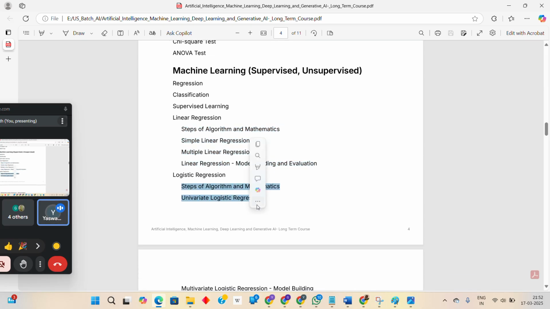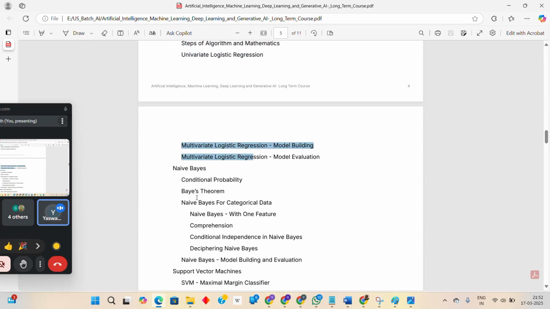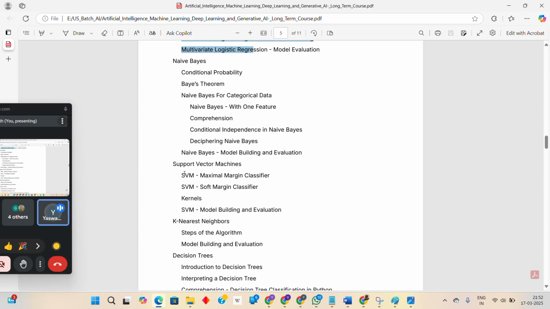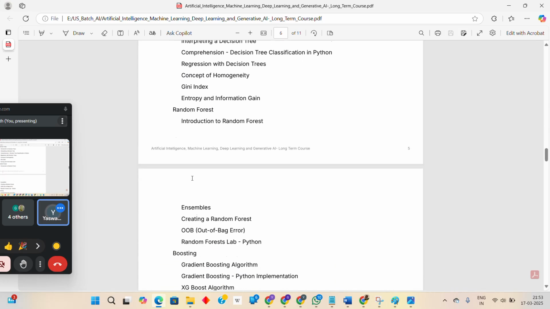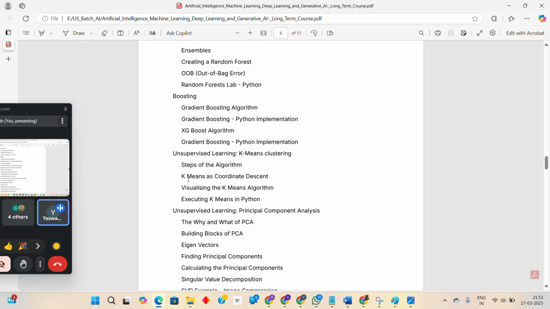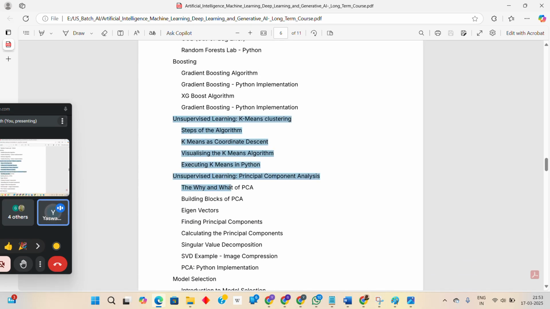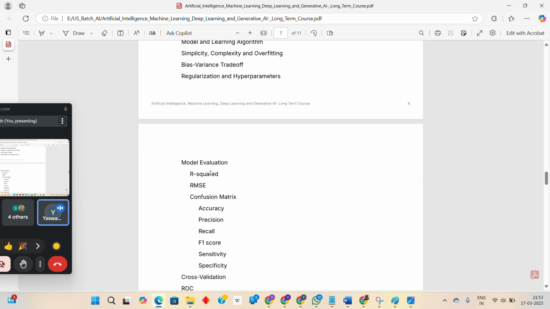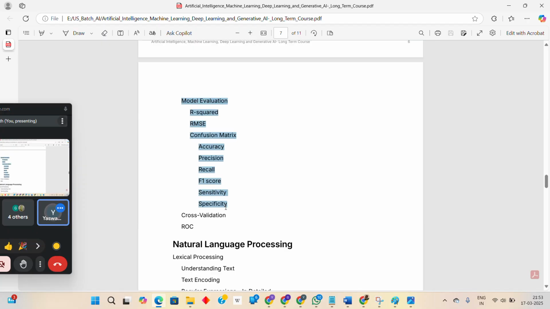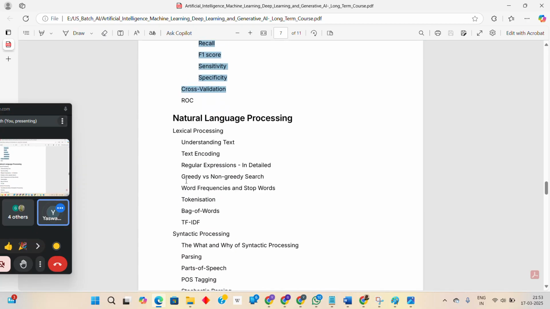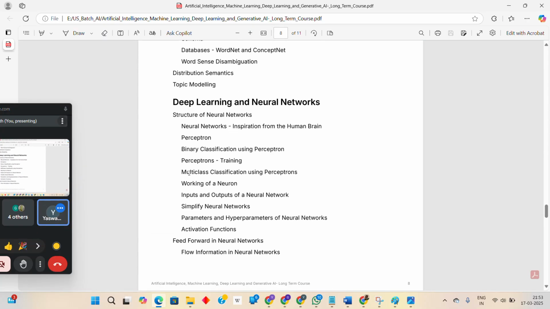Then logistic regression, all these concepts, Naive Bayes. Then one day, two algorithms we are going to cover. In that way, we will cover all things in time. Then unsupervised learning, 2 days. These concepts anyway will come in between only.